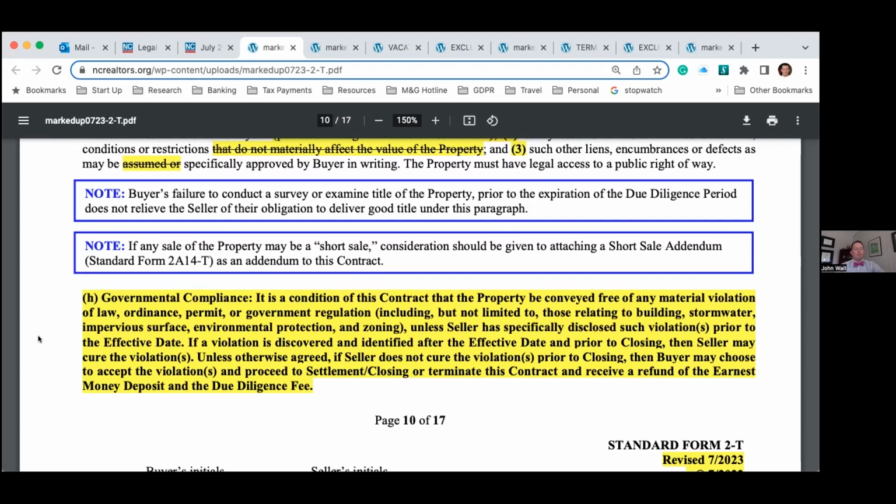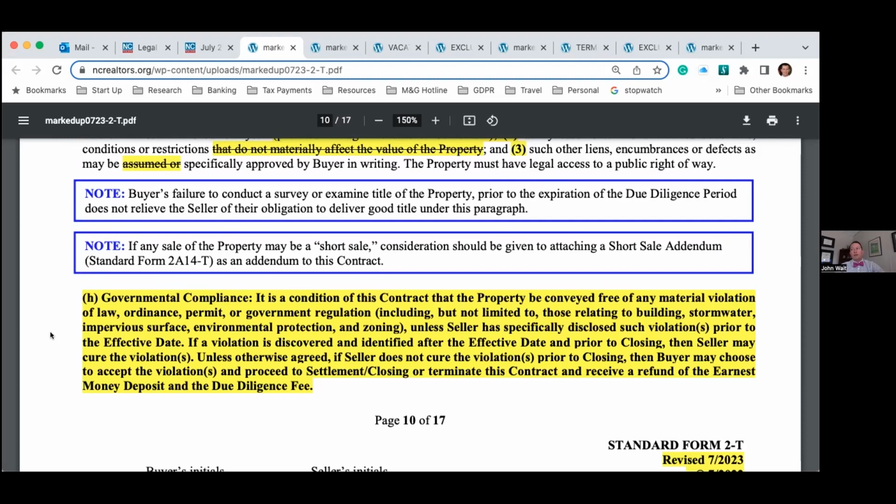Paragraph 8H, I want to take a minute and just talk about why this was added, what the problem was. When the market began to heat up over the last couple of years, obviously everyone knows the due diligence fees increased. Generally speaking, in most markets across the state, due diligence fees suddenly started getting much higher.